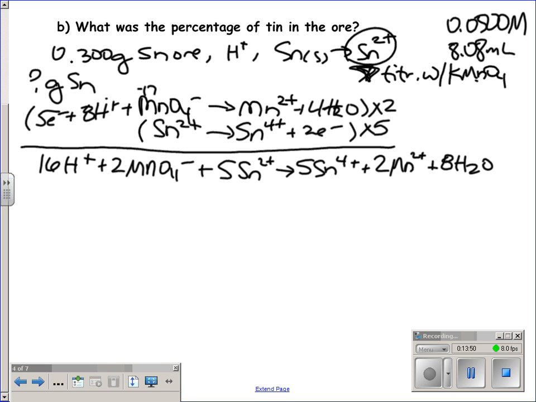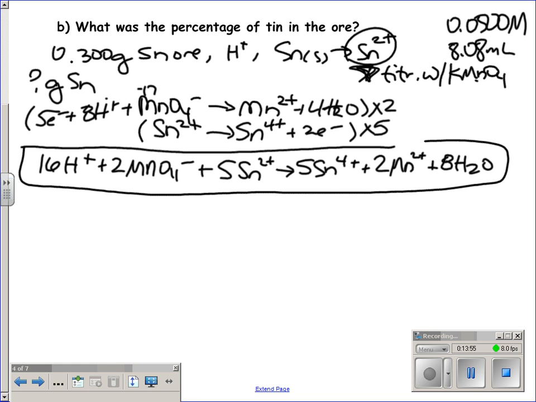How much tin in grams do we have? That was our question, right? Here's our BCE. All right. What information do we have to start with? I can find moles of my KMnO4.